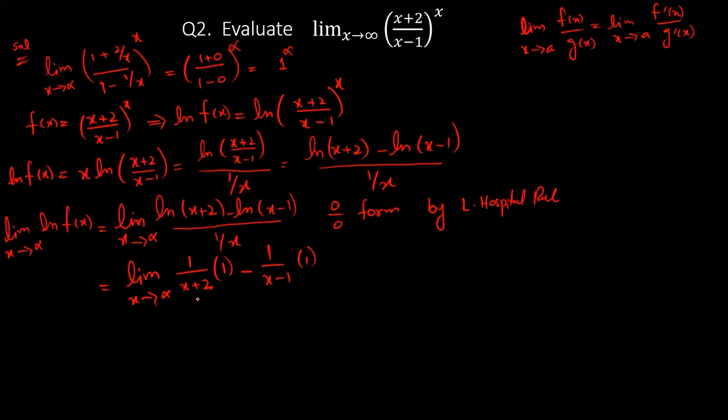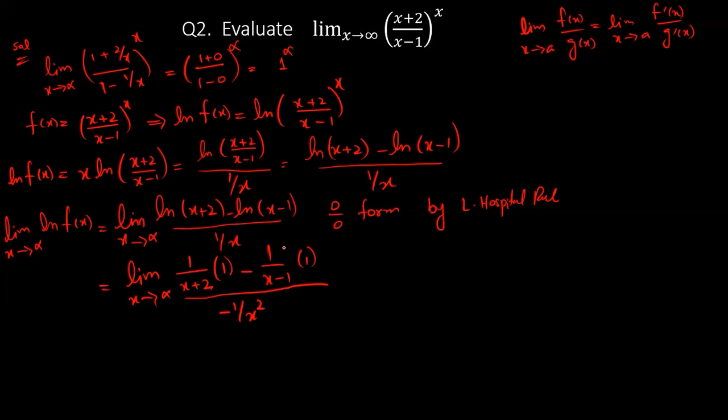After that we compute the derivative of the denominator, which is 1 over x. When we move it to the numerator, it gives x to the power minus 1, and by the power rule this gives minus 1 by x square. Okay, so this is it.